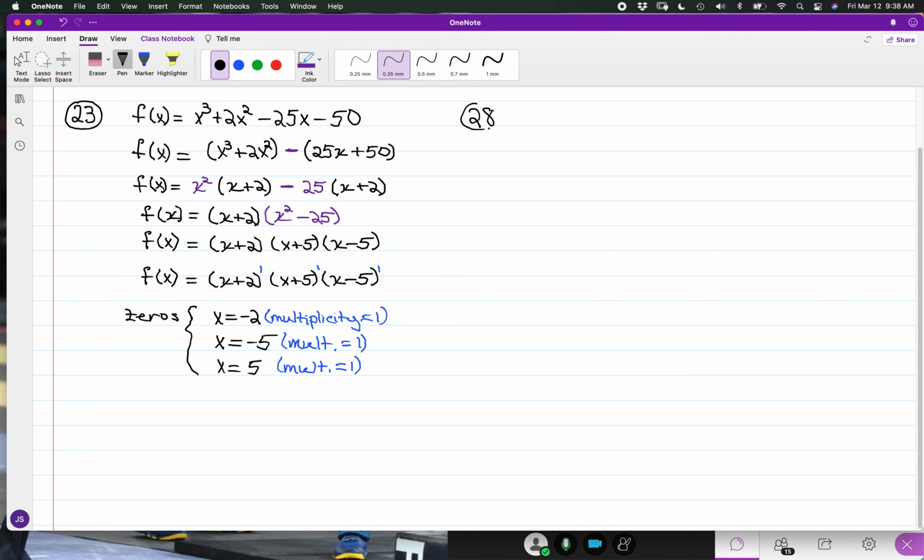All right, now in the case of number 28, this time we're going from the function f of x to n of x. And we have n of x equals x to the 6th plus 4x to the 5th plus 4x to the 4th.